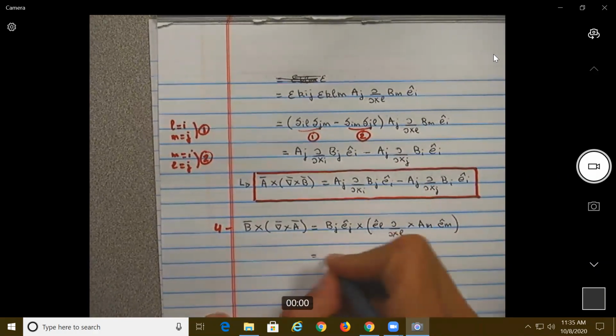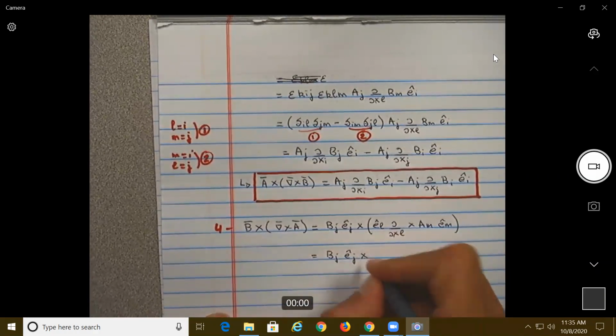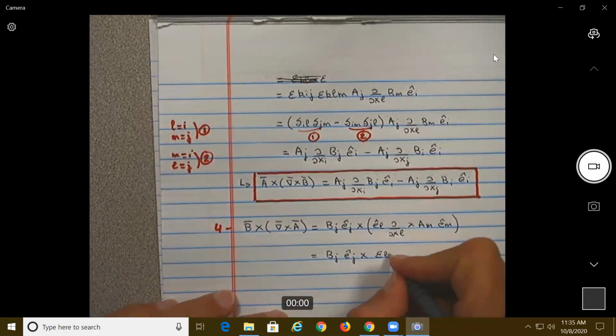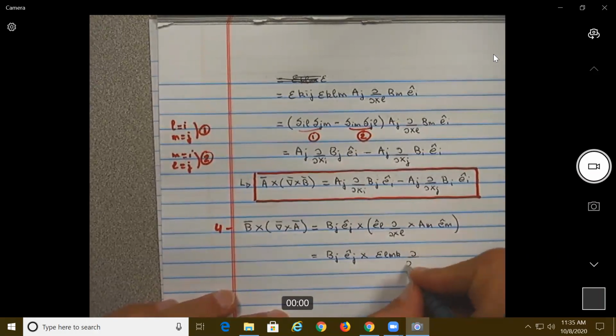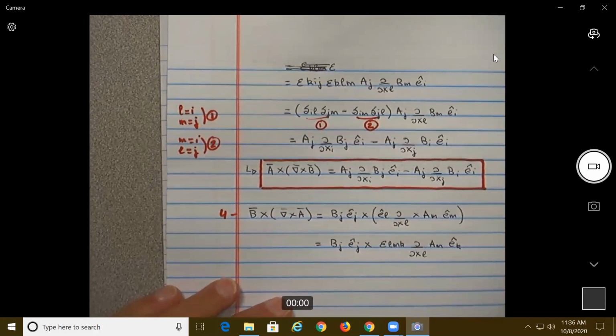So it would be equal to Bj E of J cross. Here we're going to have the epsilon L and K of partial XL A sub M, and then EL cross EM will give you E sub K. Okay?